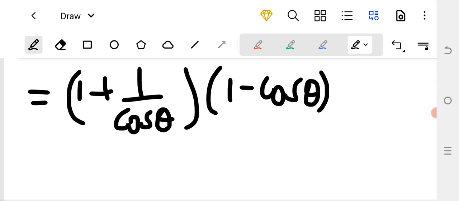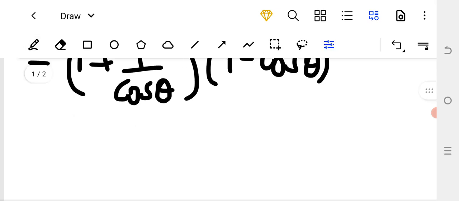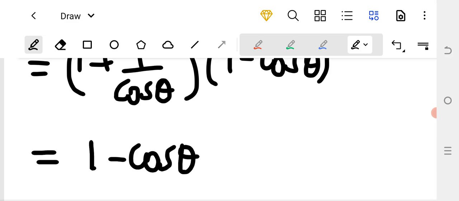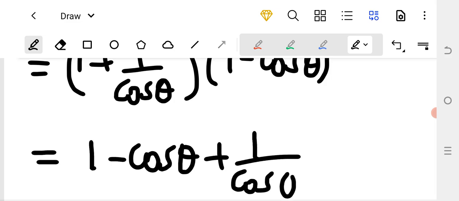So to continue, we'll say is equal to 1 times 1 will be 1, then 1 multiplied by negative cos theta be negative cos theta, like that. Then 1 over cos theta multiplied by 1 will be 1 over cos theta, and then we have 1 over cos theta multiplied by negative cos theta.